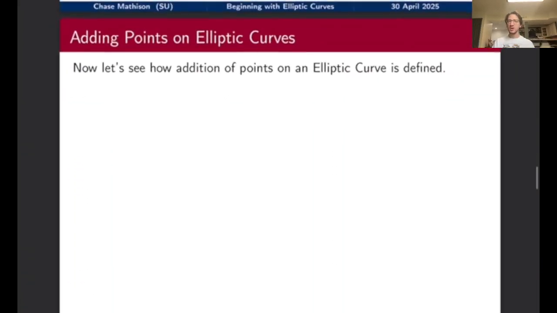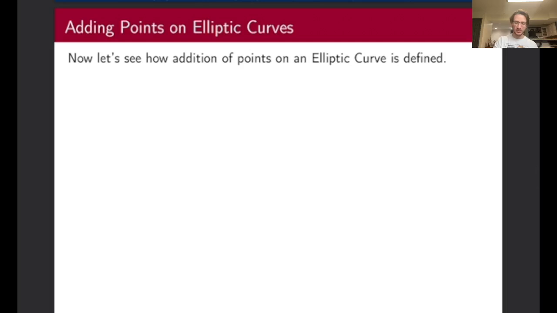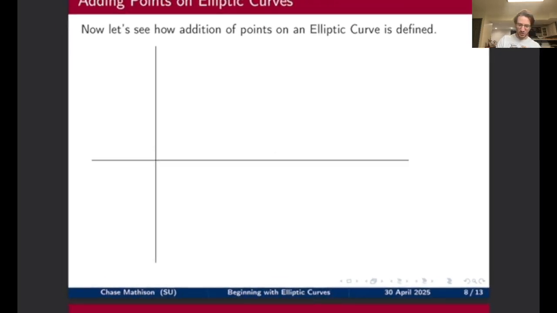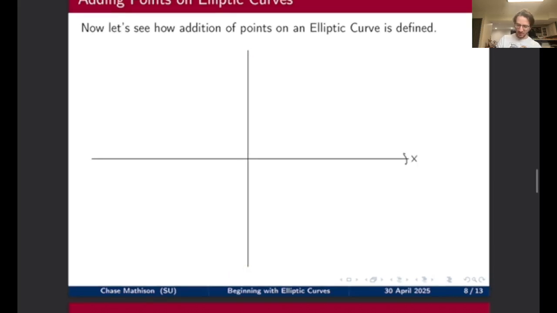So let's talk about how we add points on an elliptic curve. It turns out the points on an elliptic curve form a group, just like the points in Z mod 101 under addition. So we're going to decide how we should add 2 points together on an elliptic curve to make sense of the operation of addition.